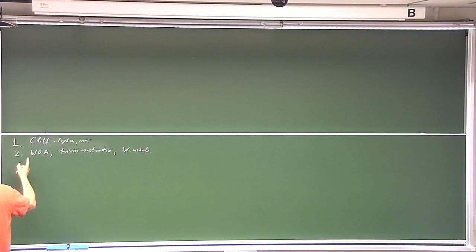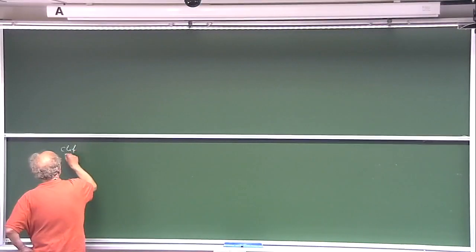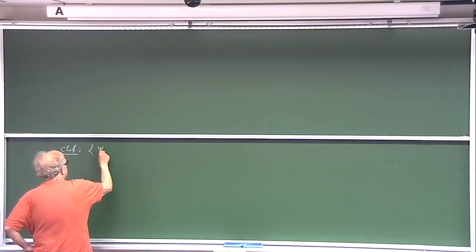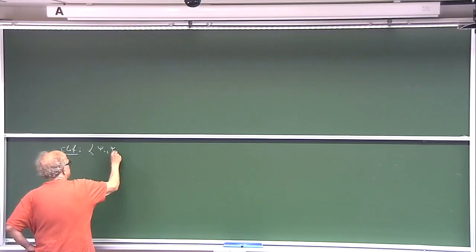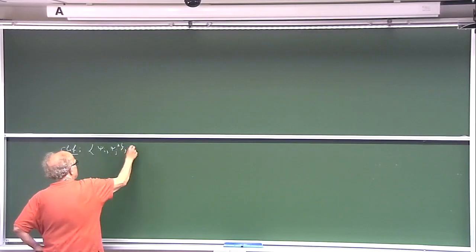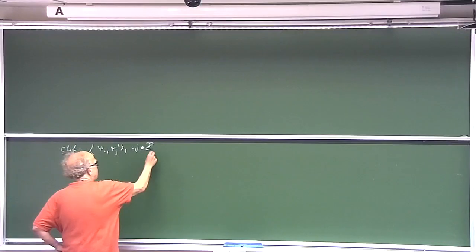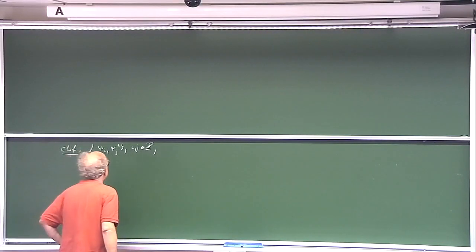But let me first say a few words about what was there. And yesterday I defined Clifford's algebra. And this Clifford's algebra is generated by psi I and psi J star, I, J belongs to Z. And I recall that all elements skew commute.